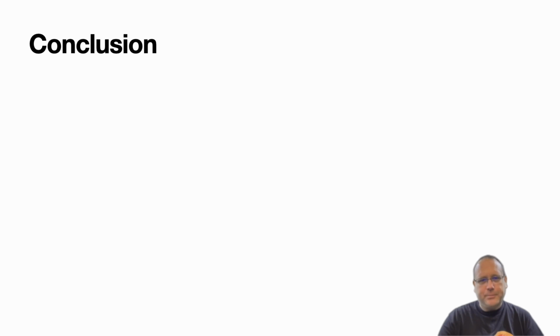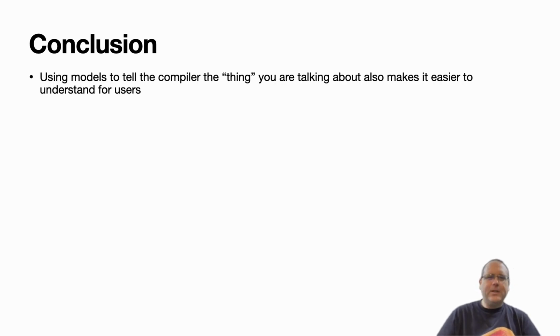So in conclusion, for this model talk, using models to tell the compiler the thing you were talking about also makes it easier for users to understand. If I can point to a struct or a class and say, that's the thing that I'm talking about, instead of having to describe, oh, it takes this function and it does this thing, or follows this constraint, it's much easier to just point at that thing, and the compiler is already set up to deal with that.